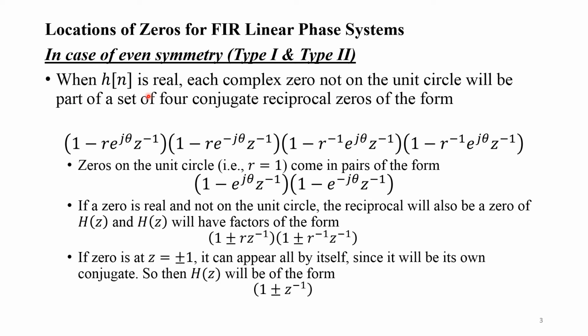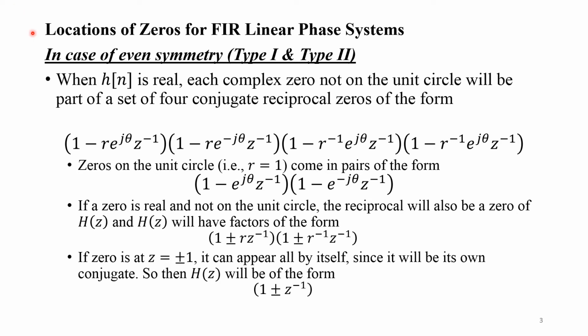So when h of n is real, each complex zero not on the unit circle will be part of a set of four conjugate reciprocal zeros of the form, because in the previous slide we said if z naught is a zero, then we have two zeros, one at z naught and one at 1 over z naught, because h of z was equal to z power minus m into h of z inverse.